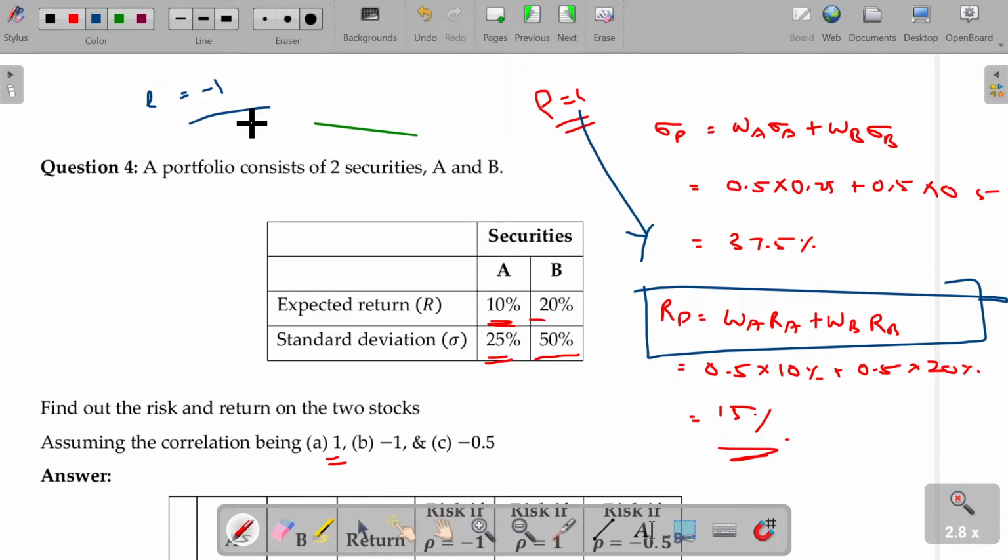In case of perfectly positively correlated, we have no advantage of constructing the portfolio. With perfectly negative correlation, you can construct these two and you can make your risk being 0. Return is also increasing, risk is also being 0 at certain point in time. Now it's your duty to find out what's that exact proportion so that your risk will be 0 and return will be higher.